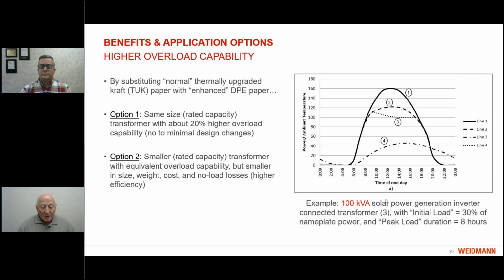We can actually convert this graph into initial load and peak load. Let's say the initial load is 30% of nominal, and then we have an equation for how much peak overload we can allow for about 8 hours of the peak conditions.